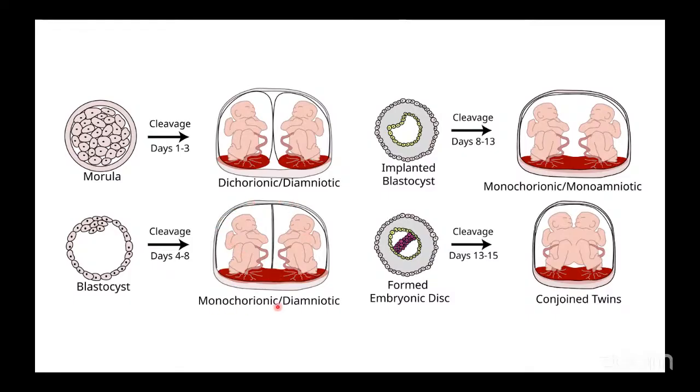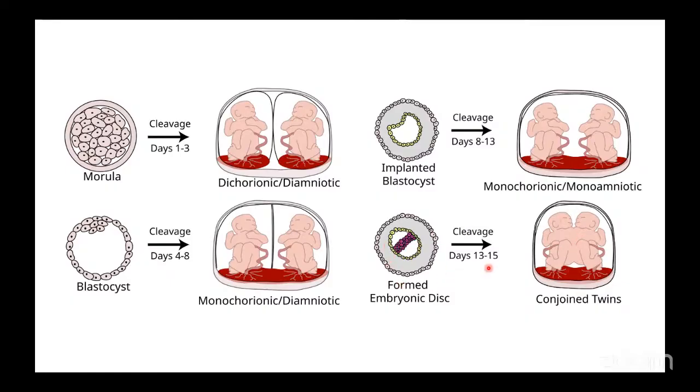So it's monochorionic, diamniotic. And then if cleavage occurs days 8 to 13, they'll have one placenta and one amniotic cavity. Okay, so that's monochorionic, monoamniotic. Once the embryonic disc is formed, if cleavage occurs, once the primitive disc is there, you'll have conjoining.